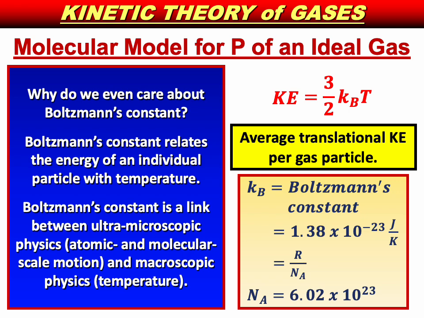So that's a really interesting bridge. That's why we care about Boltzmann's constant. And you look at the equation, it's pretty simple. We have a constant. The only thing we're going to be able to change is temperature. So this is pretty straightforward.